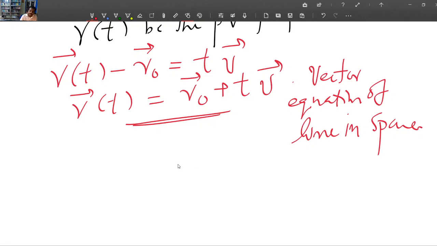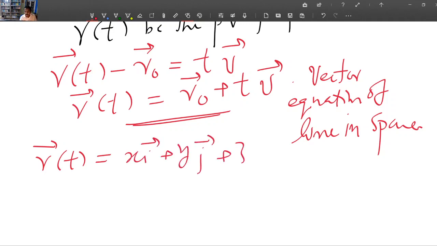Now the position vector of (x, y, z), that is r of t, is xi plus yj plus zk.